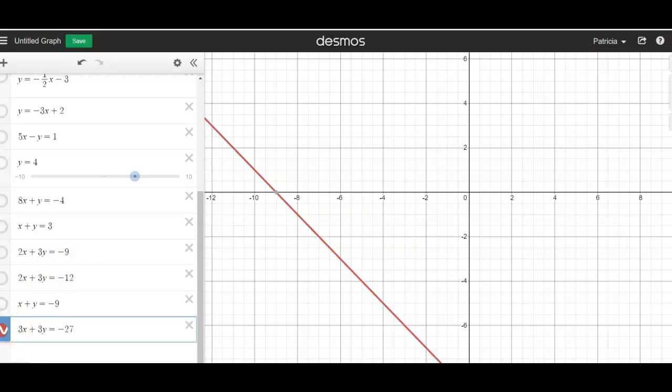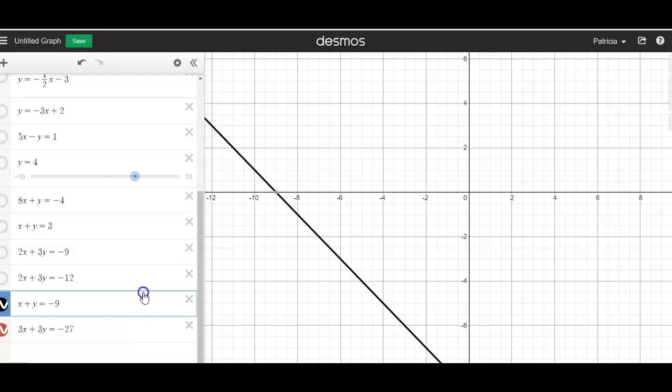And what you might notice is that if I multiply x plus y equals negative 9 by 3, I get 3x plus 3y equals negative 27. If I find the slope and the y-intercept of each of these lines, by putting it in slope-intercept form, it turns out both lines will say y equals negative x minus 9.